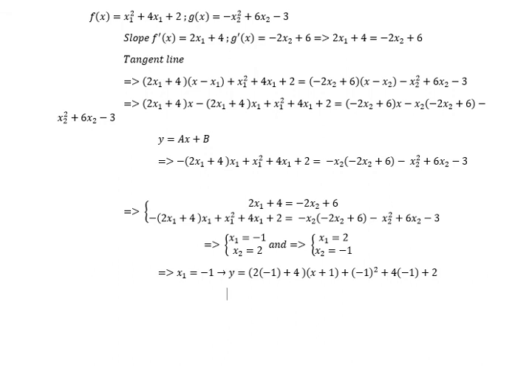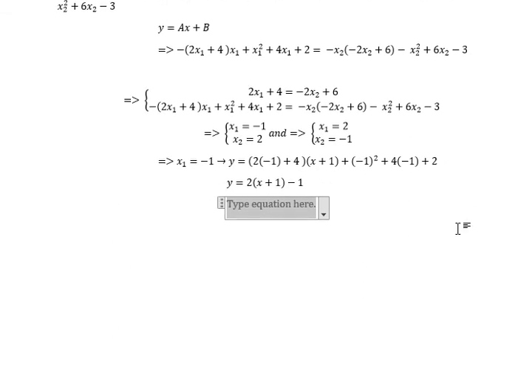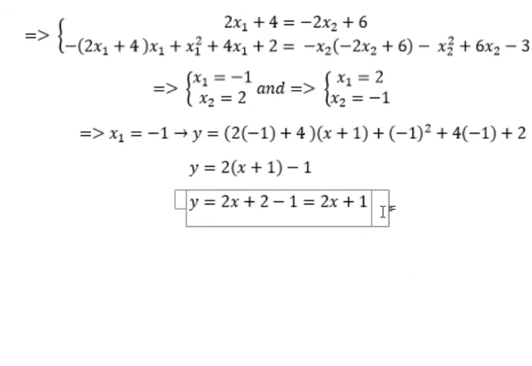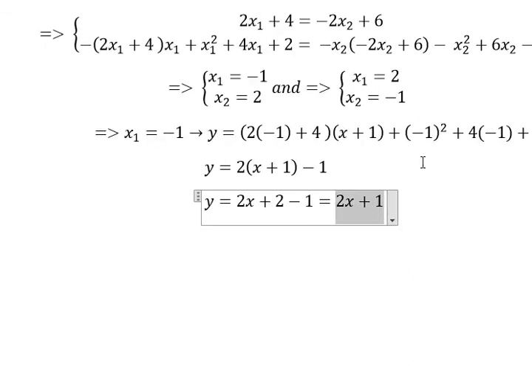We find the value in here. And here is the value we need to find.